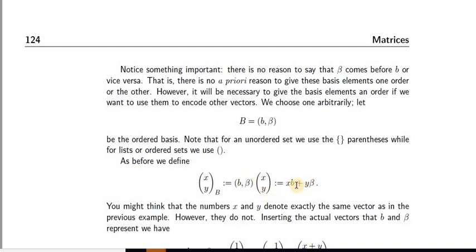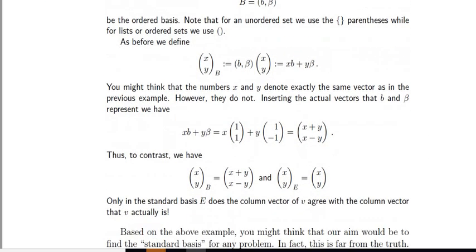Okay, so we can write it this way. Now notice that xy in basis B is not going to give us the standard xy that we saw previously. For example, xy in basis B, according to the standard basis representation, would be x plus y, x minus y.